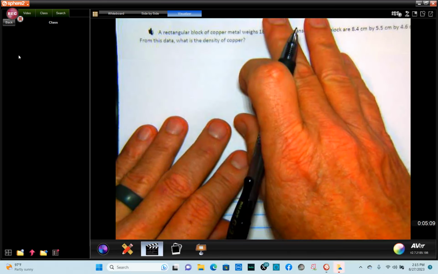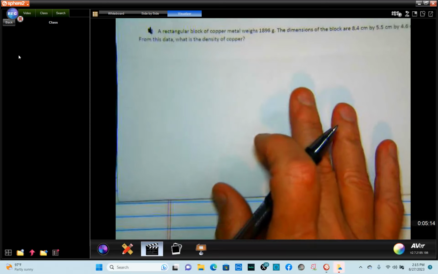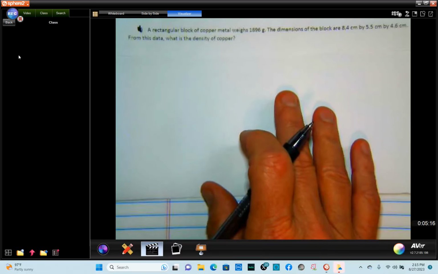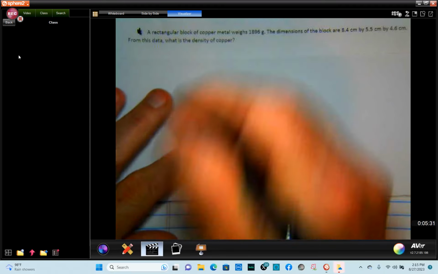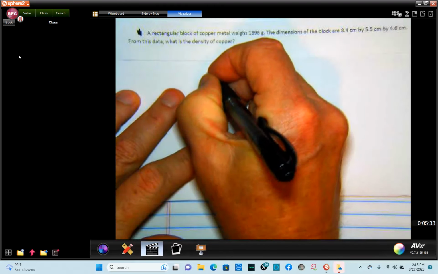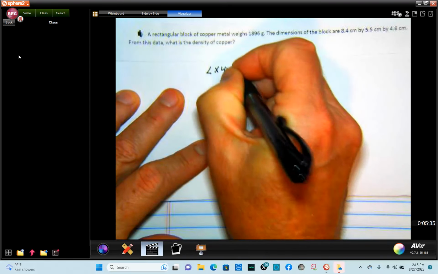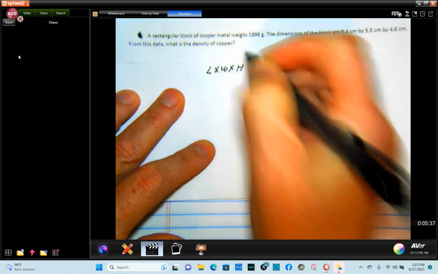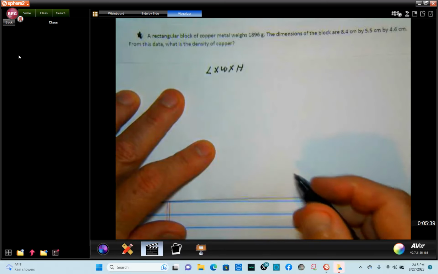In this problem, we've got a rectangular block of copper, and it weighs 1,896 grams, and the block is 8.4 by 5.5 by 4.6 centimeters. Well, it's a regularly shaped object, so we can go length times width times height, and it really doesn't matter which value you use for which.